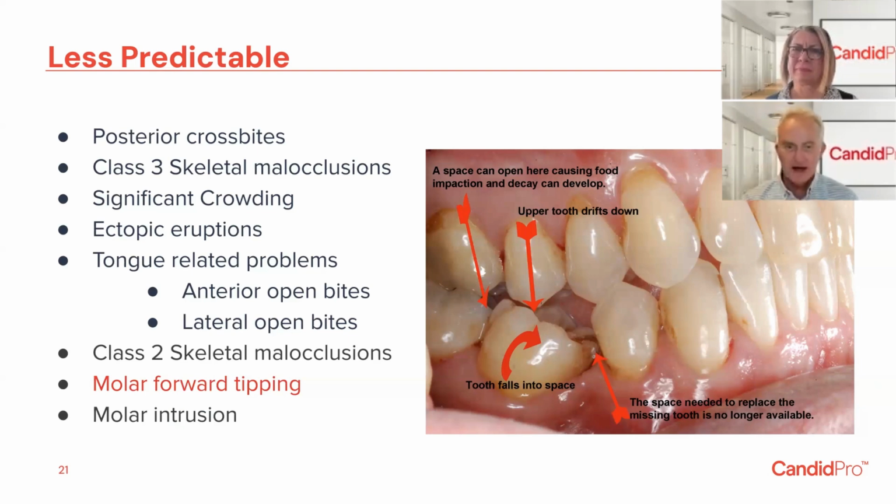And what I mean by that is, as number 30 is uprighted, it will also extrude. And as it extrudes, we're going to have a problem of the anterior bite opening. So it takes special mechanics and special tools in the orthodontist's toolbox to help prevent those things.